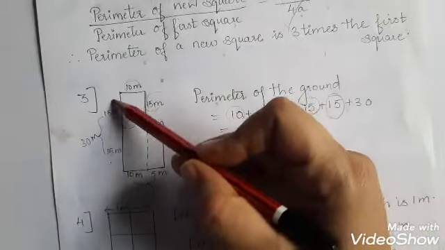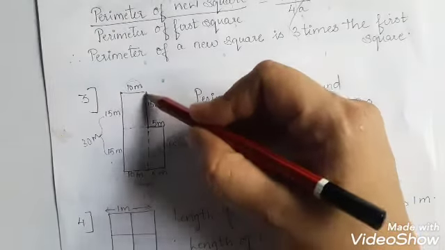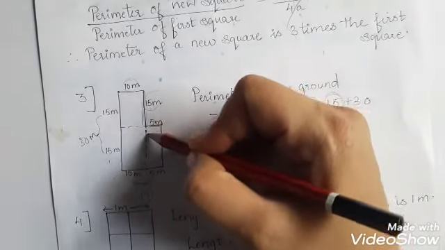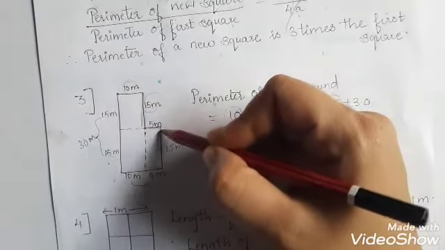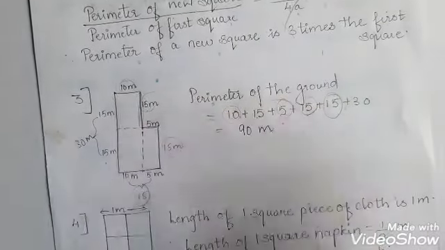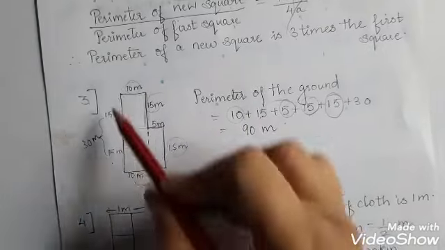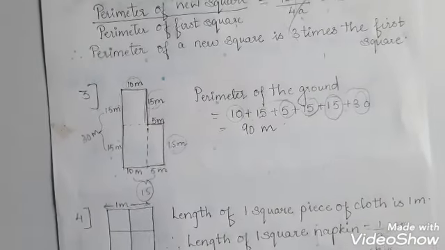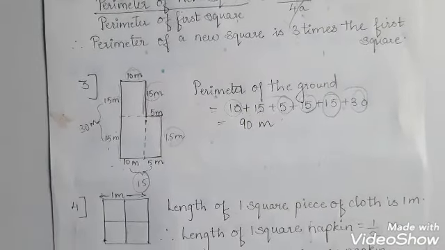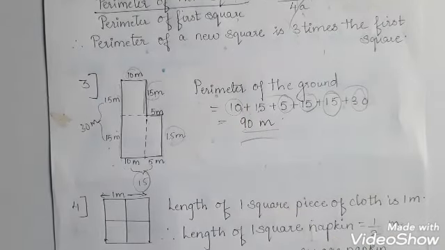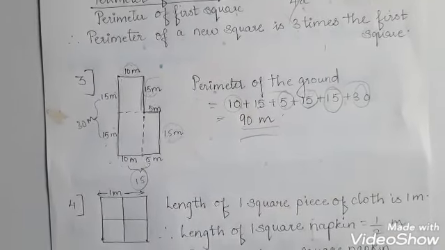Now here they have not given us the measurement, but we know this part is 15. So if this part is 15, this is also 15, and this down part is also 15. So 15 plus 15 is 30. So I add them all. You get the perimeter of the ground as 90 meters.